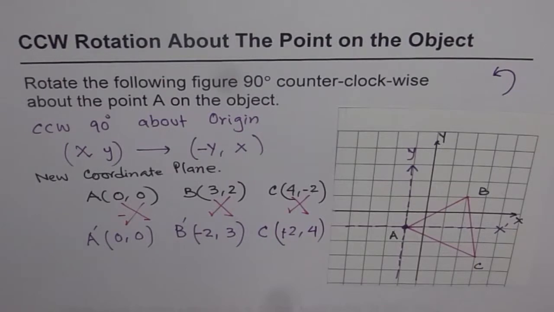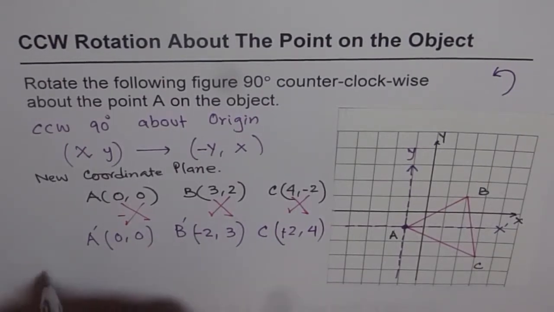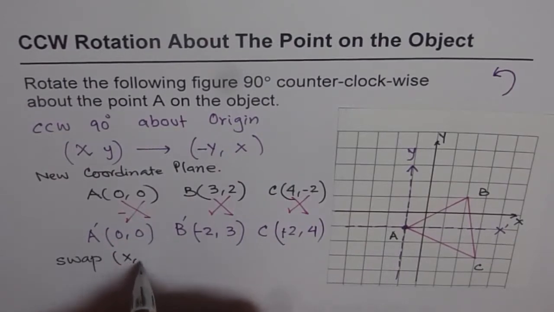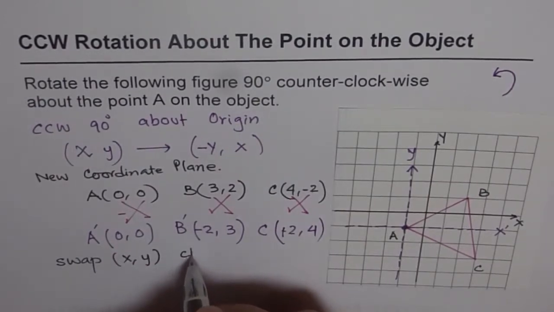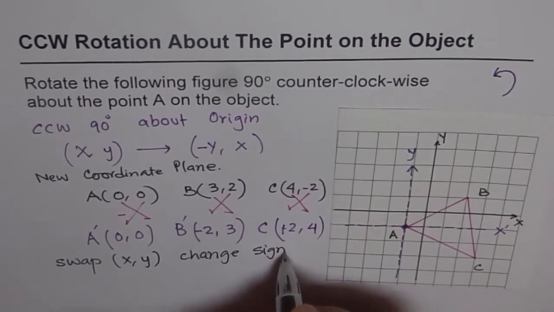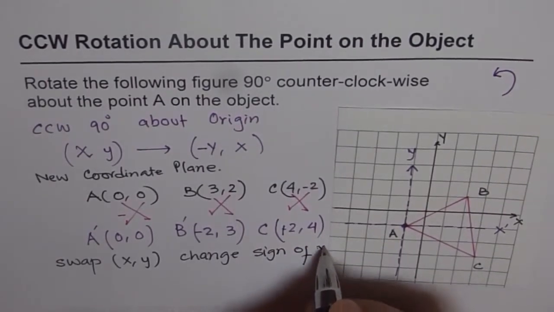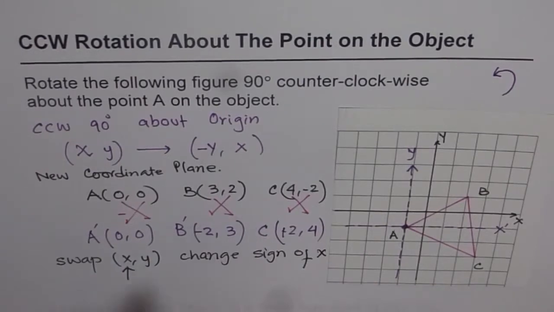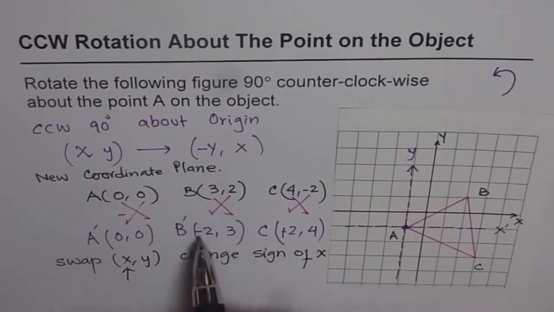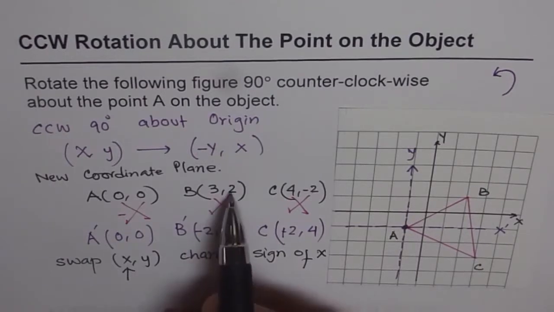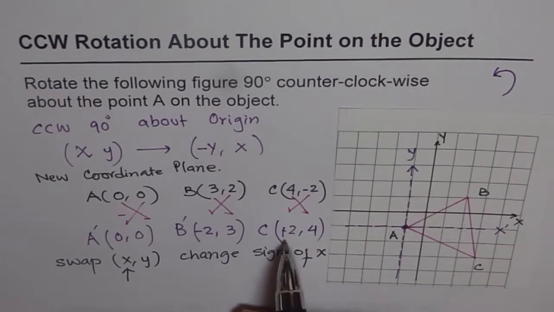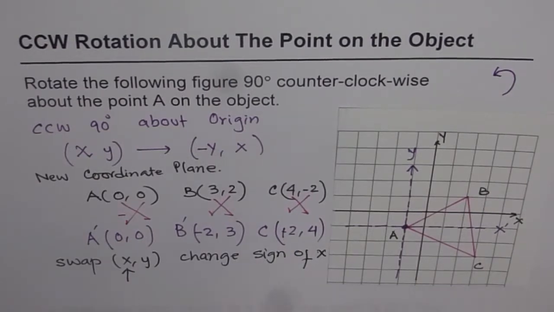So the steps are: swap x and y, and change the sign of the x coordinate. So that's what we did. When you swap, 2 comes on the x side and then change the sign, it was positive, becomes negative. Here it was negative, it became positive. You see that? That is how you do it.